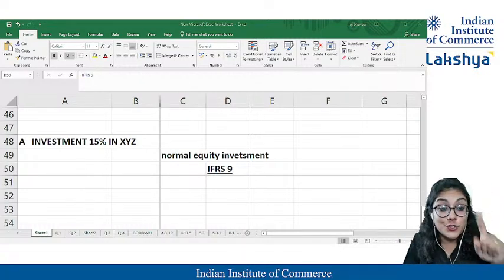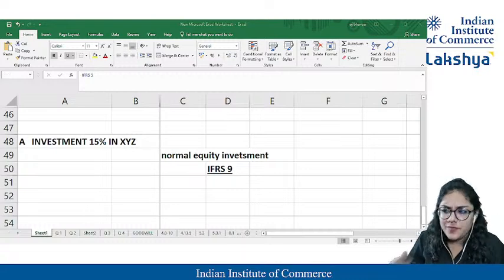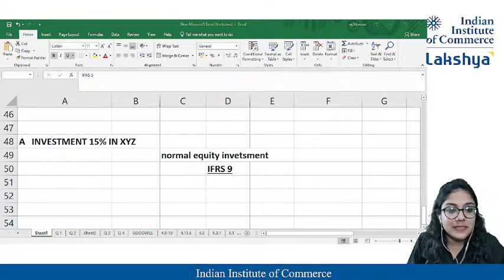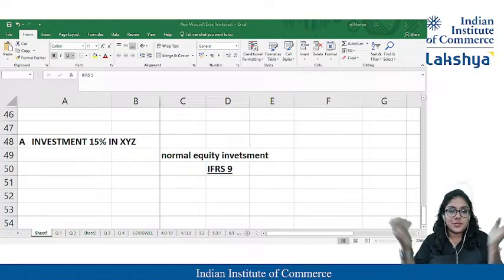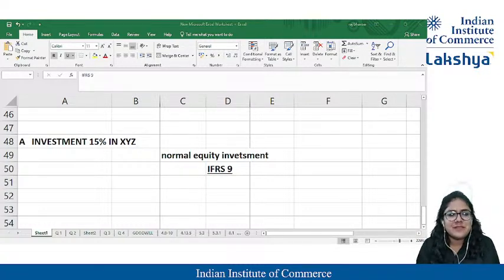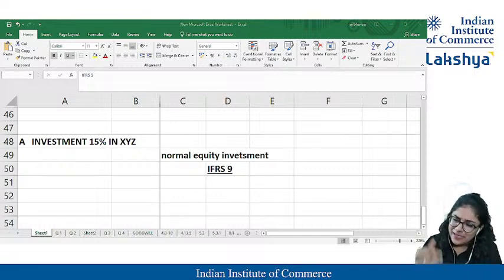Even that is at the discretion of the company. If the company wants, they'll give, otherwise they won't. So it is not compulsory every time, and amortized cost is also not followed. Then the P&L account is always open: if there is any change in the value, you book it through the P&L account.